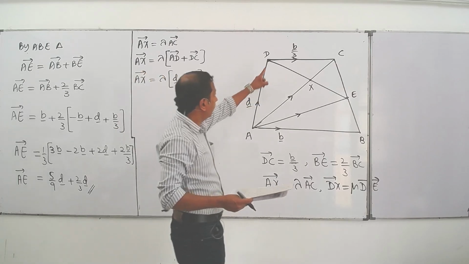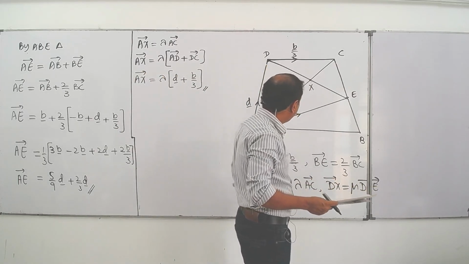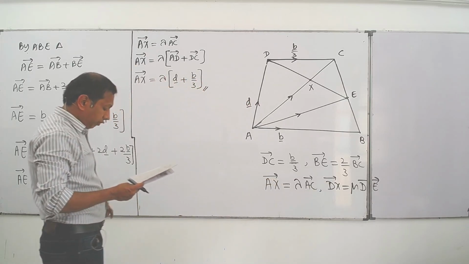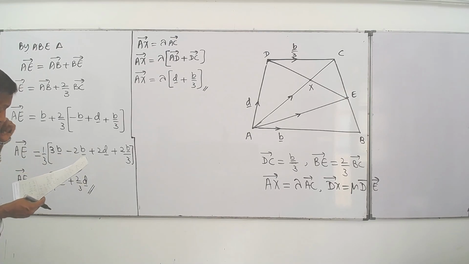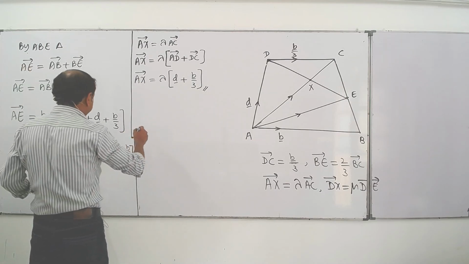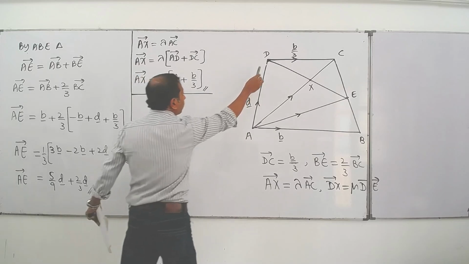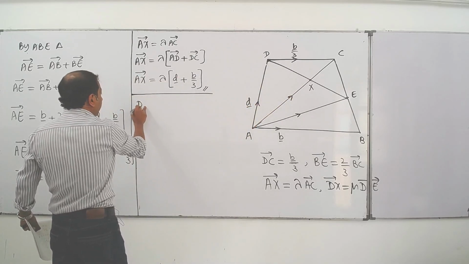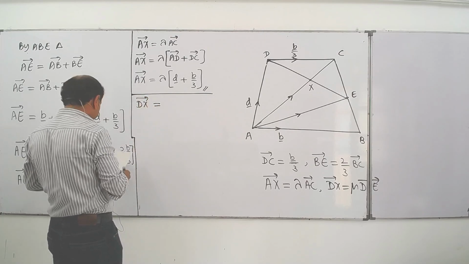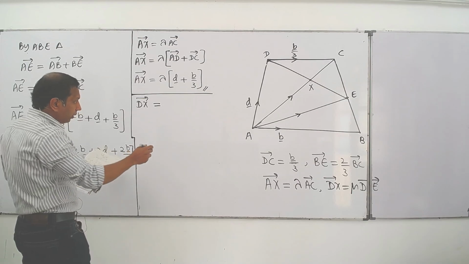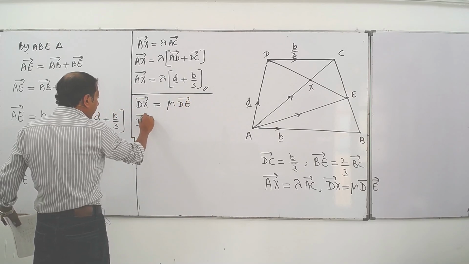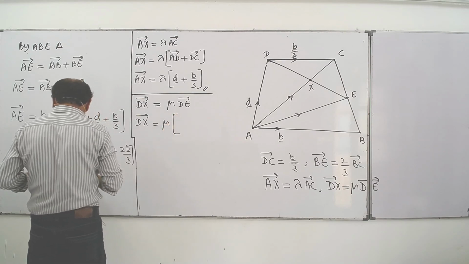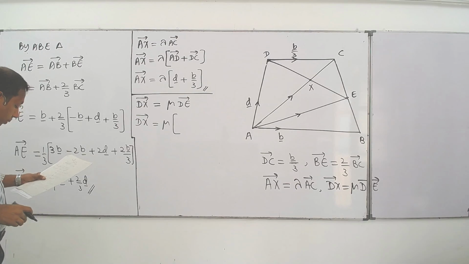Since we have been given DX vector as mu times DE, I can write DX vector equal to mu times DE vector.